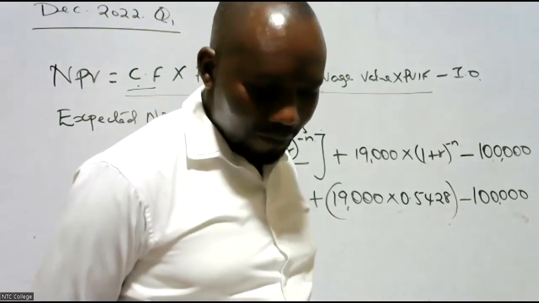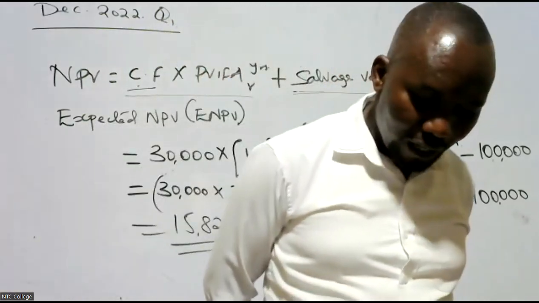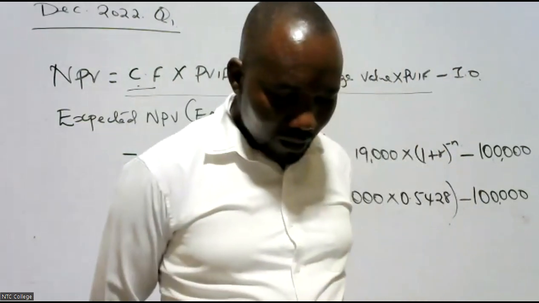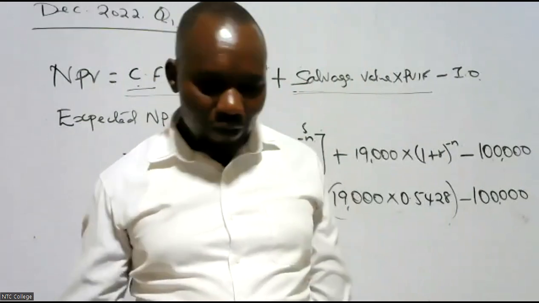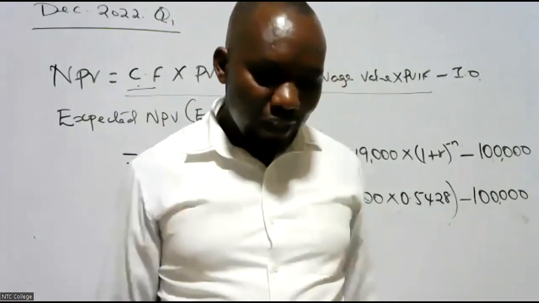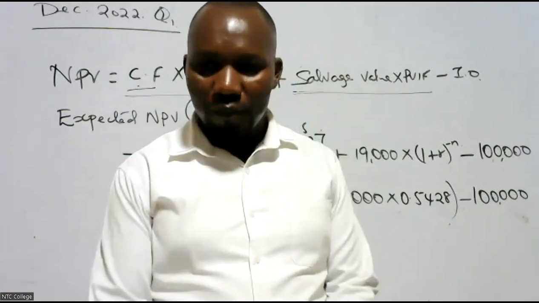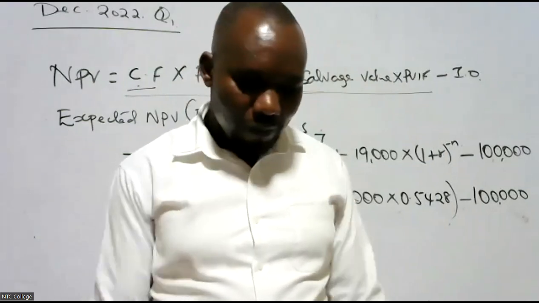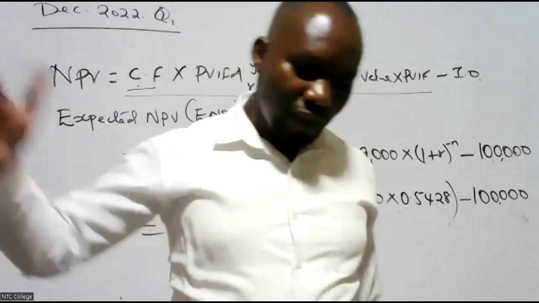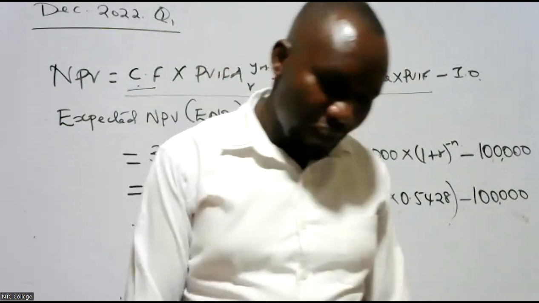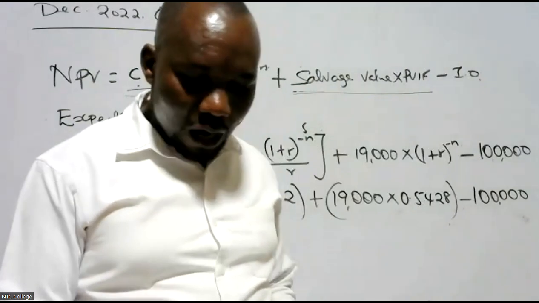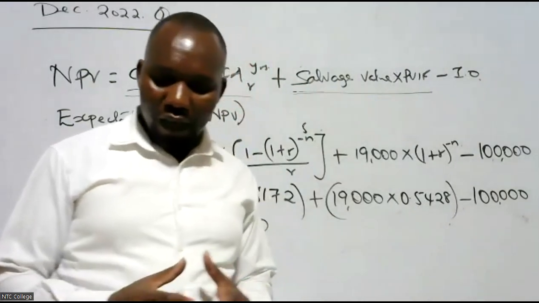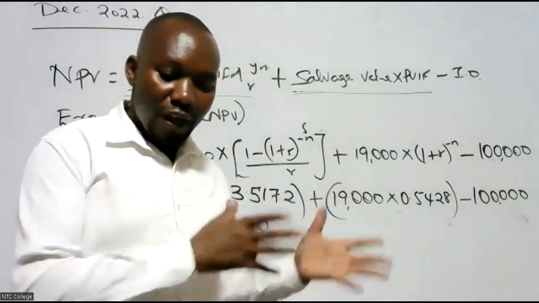The base salvage value. Look at the information. Forget about Roman 1. In Roman 2, I want you to tell me what is the base. It is 20,000. Base is the one in the middle, the most probable. Then we have the worst and then the best. The most expected. So it is 20,000. Now, it means that 20,000 will act as the base, and so we want to see how they vary from this.